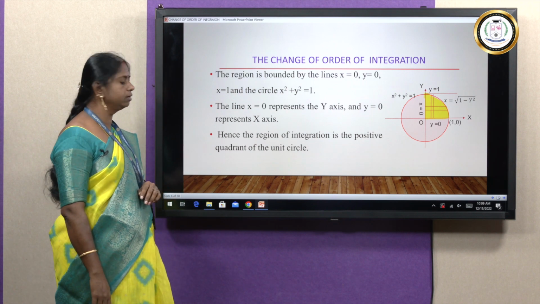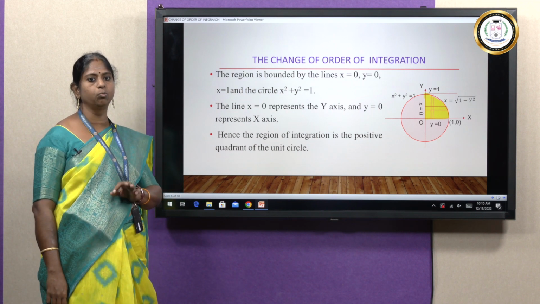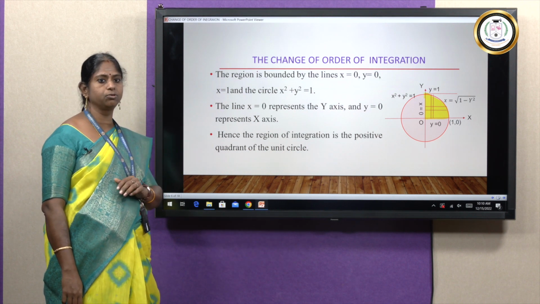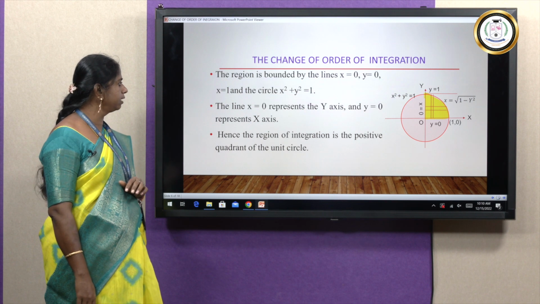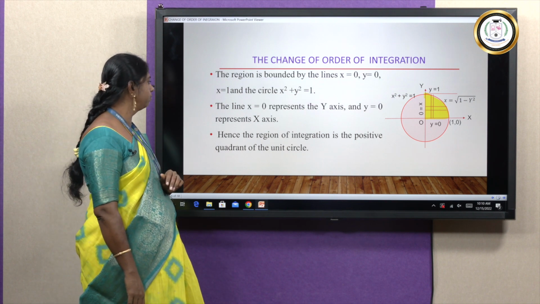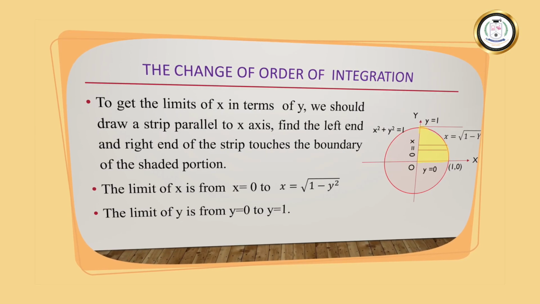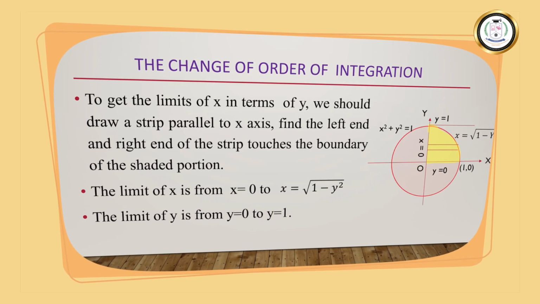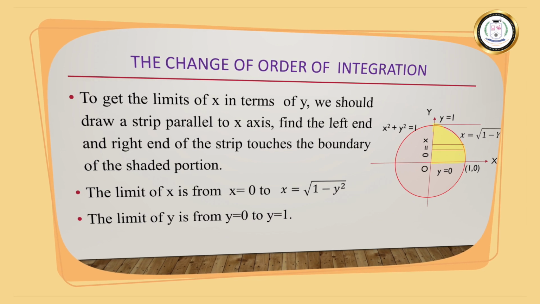Now what is given? This is for the variable y. So that we will check. So what region should I take? For that you have to see the limit of y equal to 0 to square root of 1 minus x square. It means you have to draw a strip parallel to the y axis.